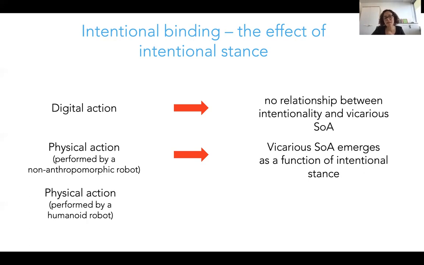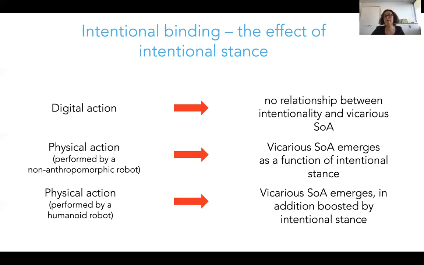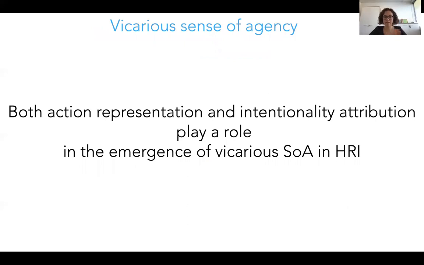And then if this physical action is performed by a humanoid robot, then the vicarious sense of agency emerges anyway, independently, but it's additionally boosted by intentional stance. So this is pretty much it. As a very final take-home message from this part, both action representation and intentionality attribution play a role in the emergence of vicarious sense of agency in human-robot interaction.